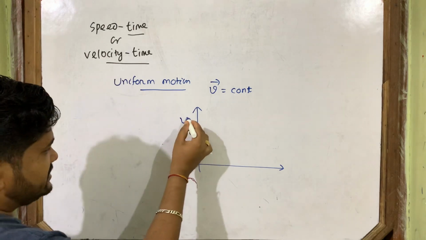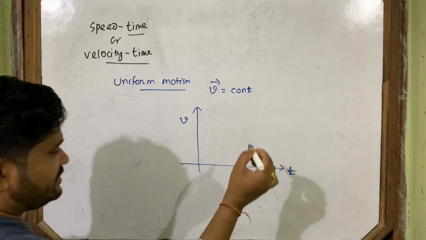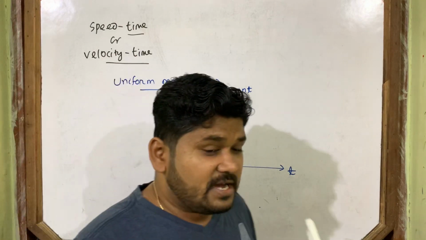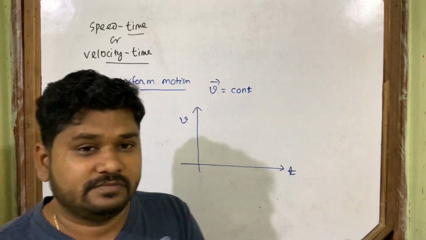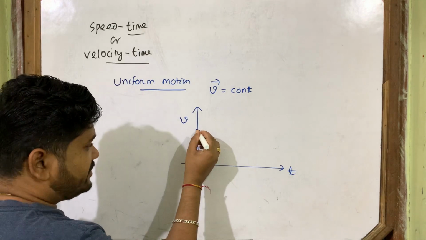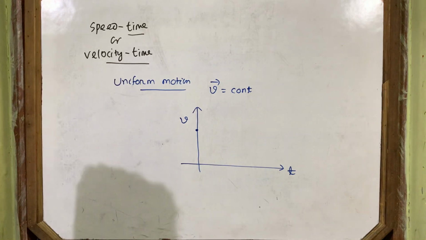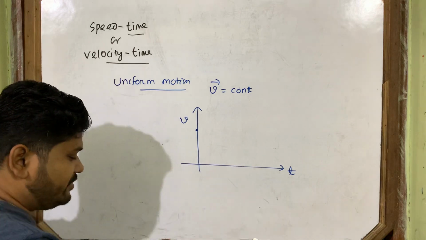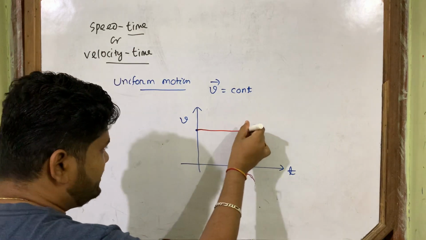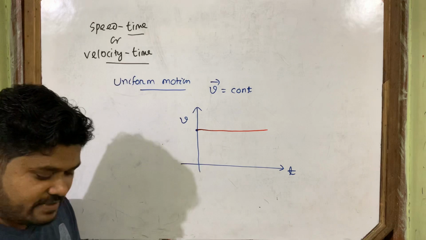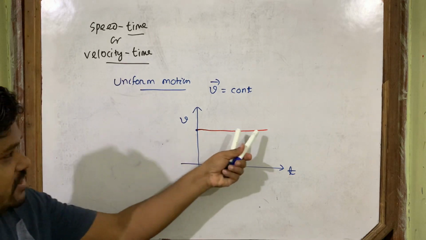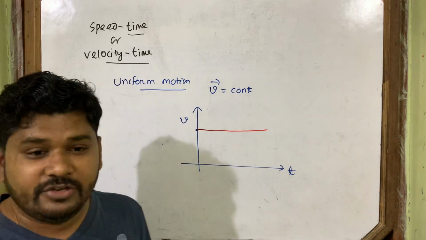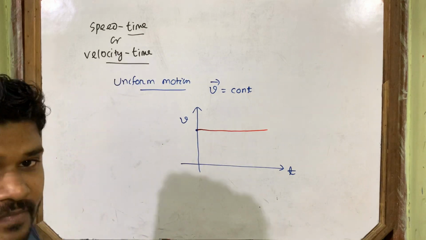This is velocity, this is time, and velocity has only a particular value. Let's say this value. That value remains constant, so the graph will be like this. So this is the graph for constant velocity, that means uniform motion.